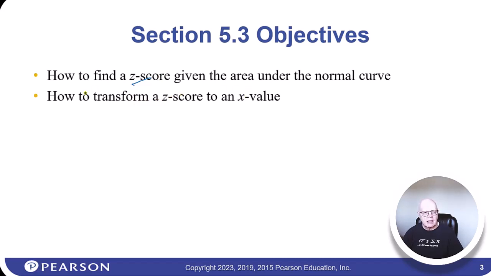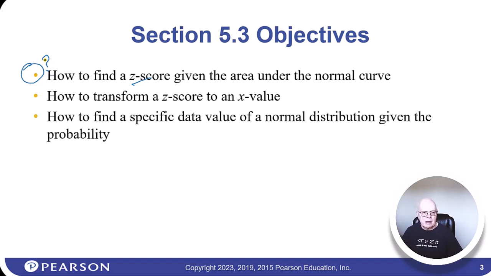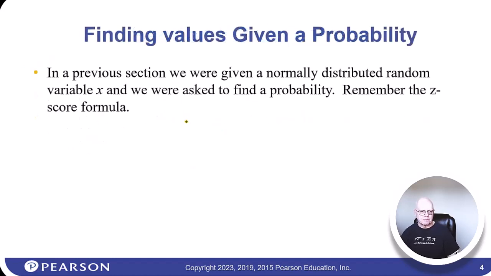And in reference to this first one, although we'll find z-scores, usually what's more important is finding the x values. So we'll find the specific data value. We're talking about x's there. Of course, you have to have a normal distribution, and you have to be given the probability if you're going to find that x that you're looking for.